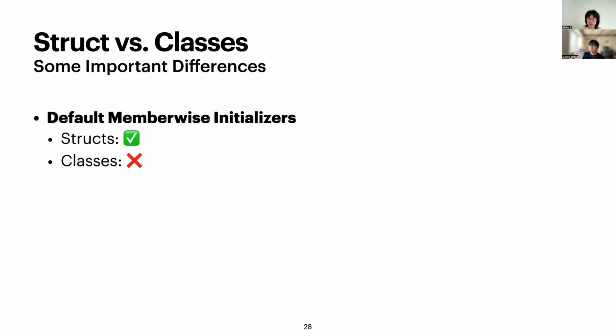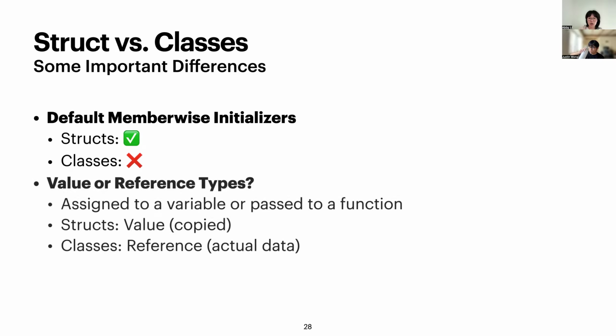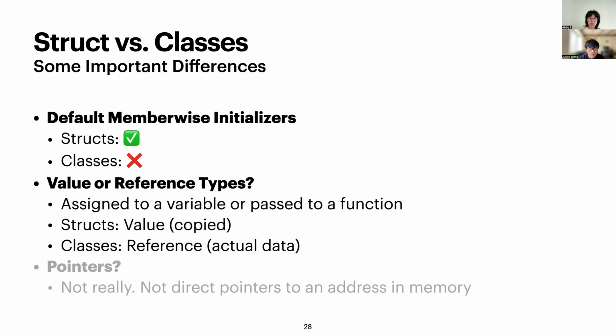More importantly, structs have values assigned to a variable or passed to a function, and that's the behavior you really want to remember. And for pointers, not really, not direct pointers to an address in memory.